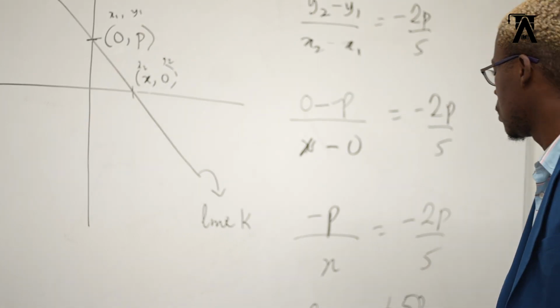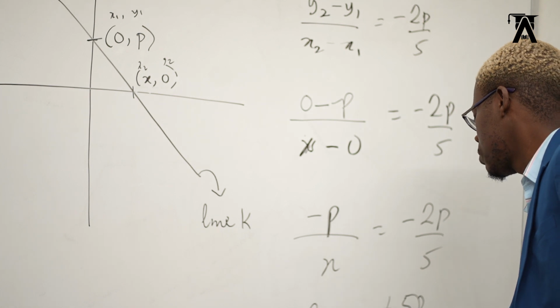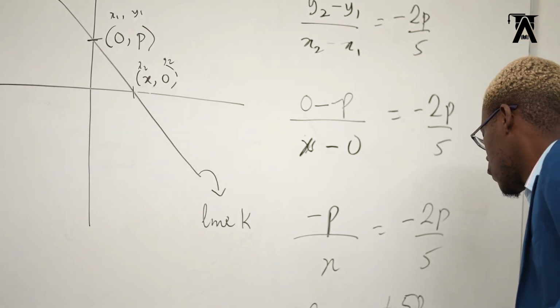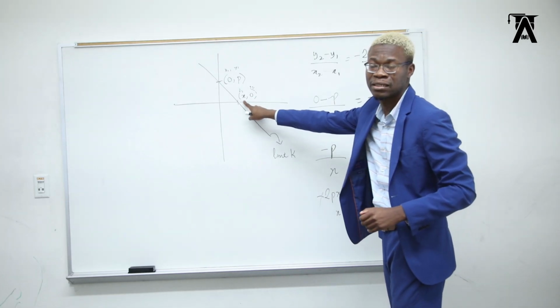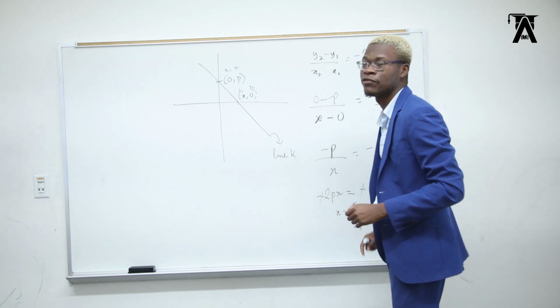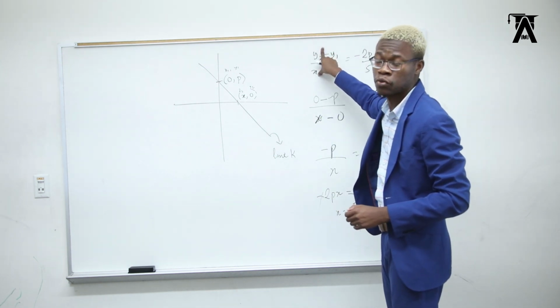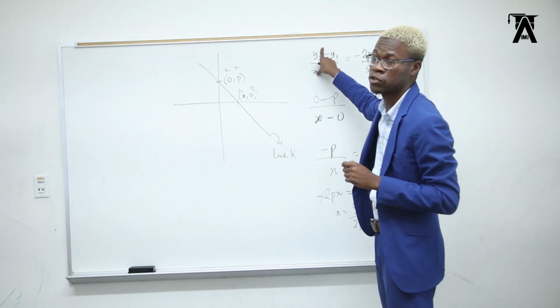We can cut out the negative signs. We have x equals 5p over 2p, which is 5 over 2. And that is the value of this x at the x-intercept of this line K, 5 over 2. Always remember the formula for the equation for a slope. You will use that for this question.